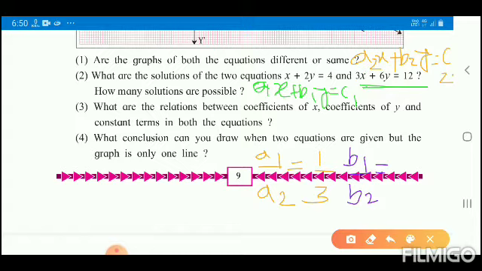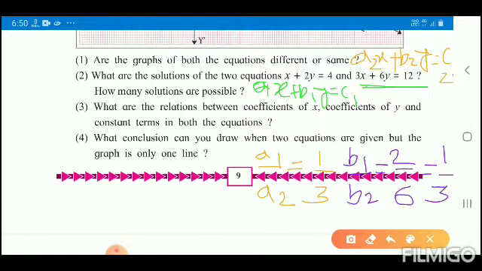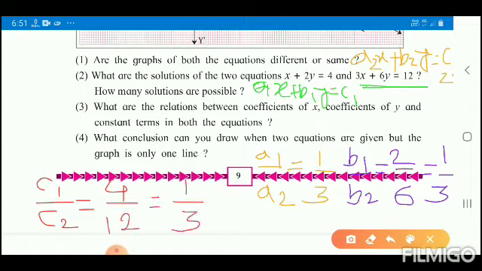Look here. B1's value is 2 and B2 is 6, so it is also nothing but 1 upon 3. Now what remains? C1 upon C2. C1's value in the first equation is 4 and in the second equation C2's value is 12. So it is also nothing but 1 upon 3.